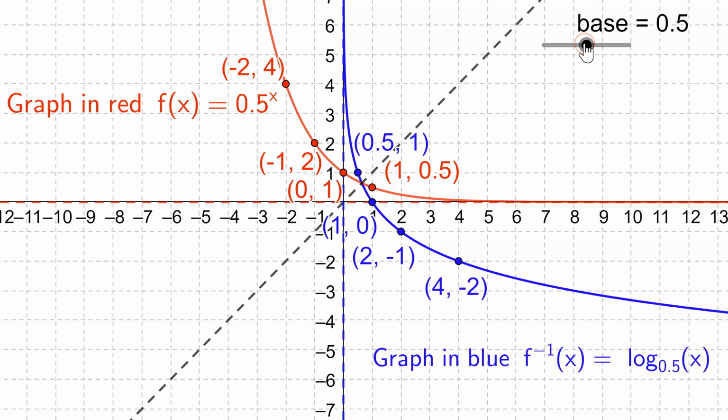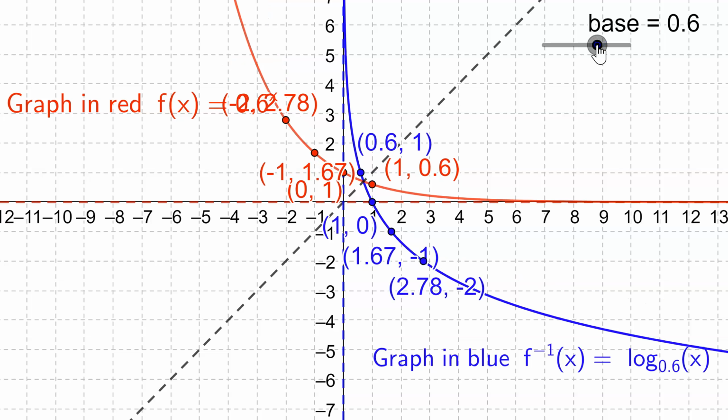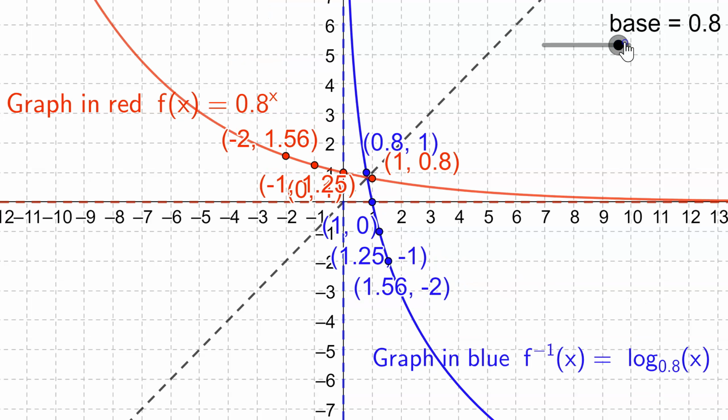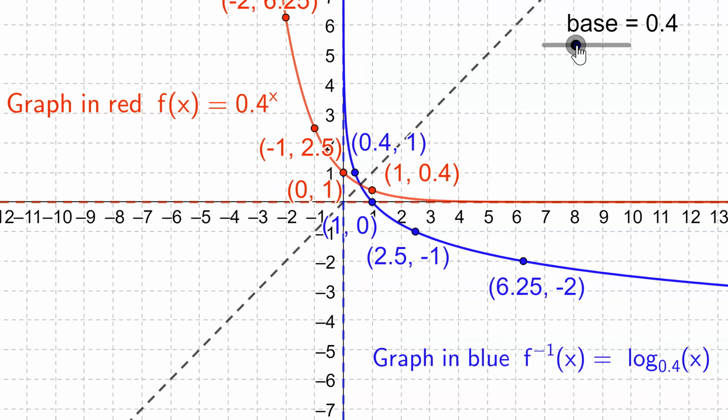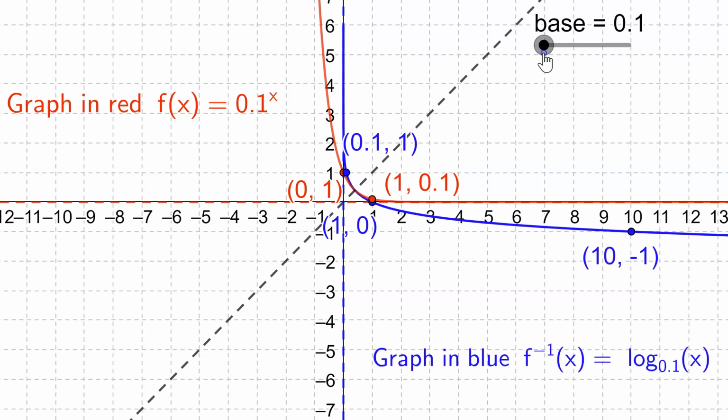Now let's change our base. I'm going to keep the value of the base between 0 and 1. So I'm going to increase it up to 0.9, and then I'm going to decrease it all the way down to 0.1.